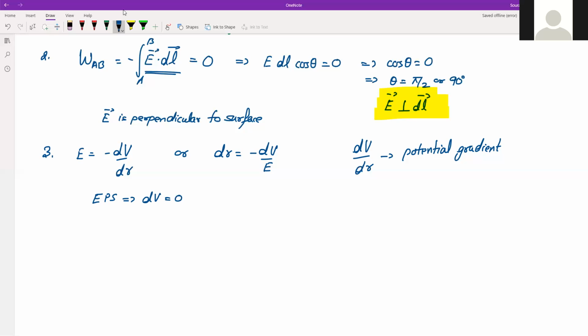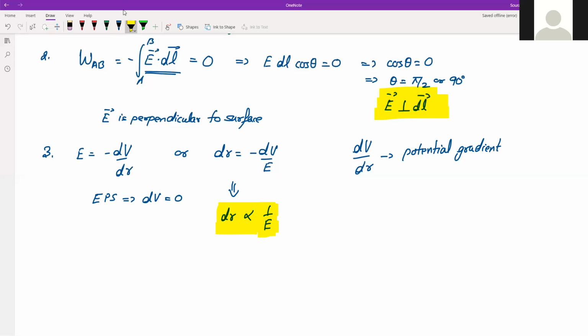In that case, what can we conclude? That dr is inversely proportional to the electric field. Now this is something from which we can derive other results as well. So dr is inversely proportional to the strength of the electric field. That means if the electric field is strong, dr will be small.